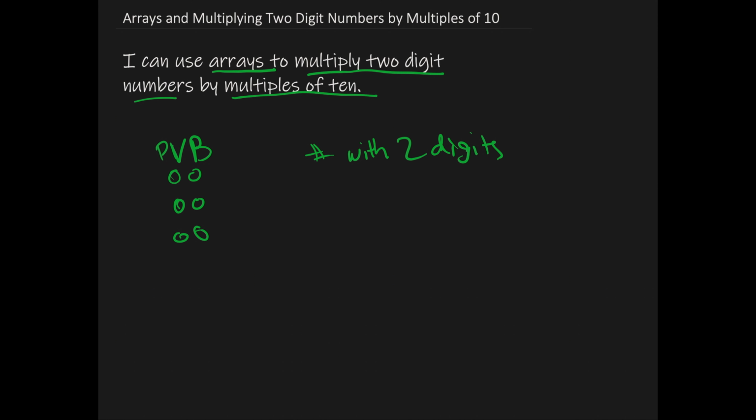The first thing we're going to be talking about is an example. We're going to do something simple. Let's do 10 times 23. Now what we're going to do is draw a place value array.